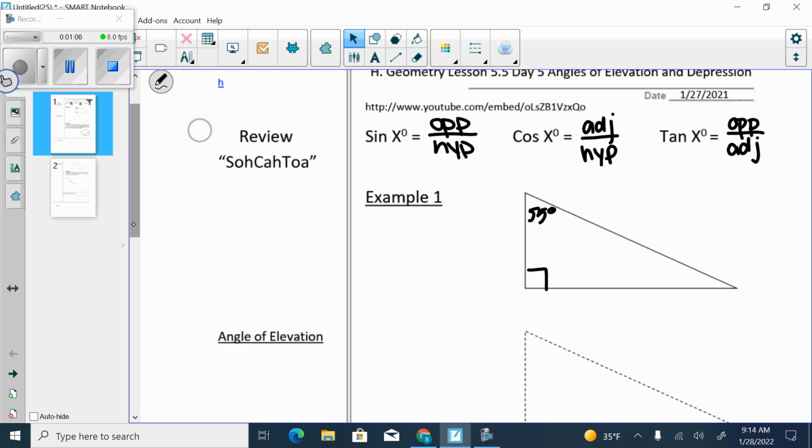And this angle is unknown. So I'm going to say it's x degrees down here. Our hypotenuse is going to measure 12. And this bottom leg is going to measure 9.8. And we don't know this side. We're going to call it z.